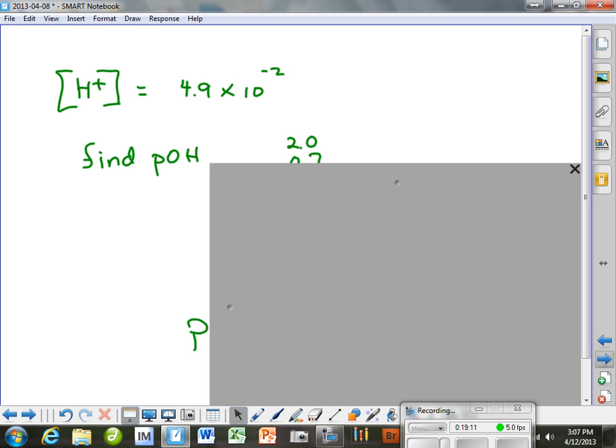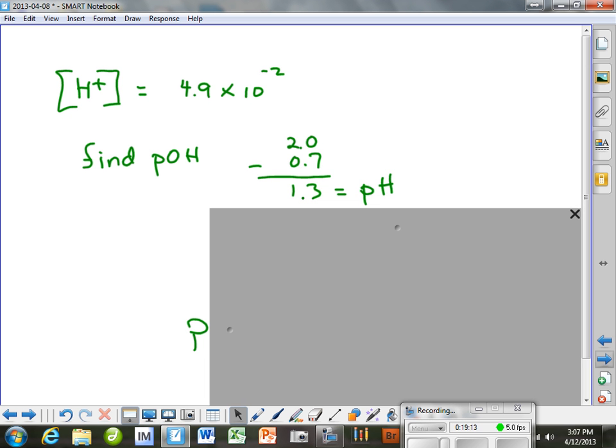Find the POH. Well, the 10 to the minus 2 gives us the 2.0. This comes from our estimator. We look up 4.9 on the chart in the left-hand column and change that to the logarithm, which is 0.7.